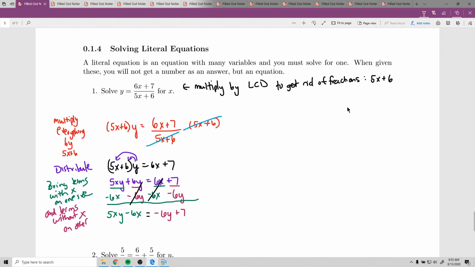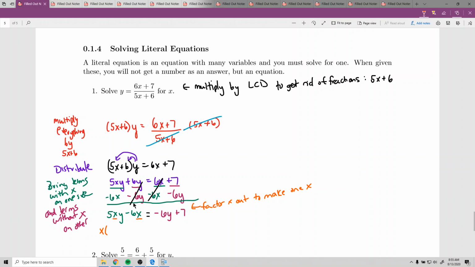This is the only way you're going to get down to just 1x. Bring them all on one side and then factor the x out. Even if you have something else in common, only factor the x out.